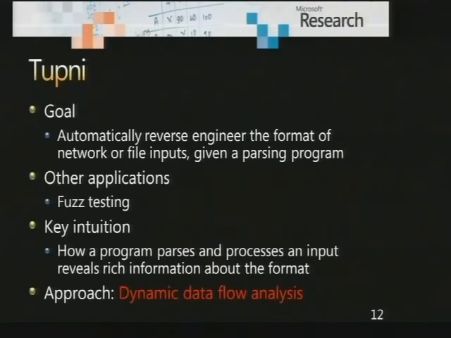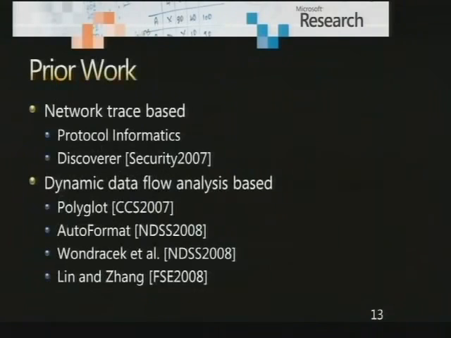The key intuition behind Tupni is that how a program parses and processes input reveals rich information about the format. Based on this intuition, our approach uses dynamic data flow analysis, as I explained earlier. There has been a bunch of work trying to solve the problem of reverse engineering the input format.